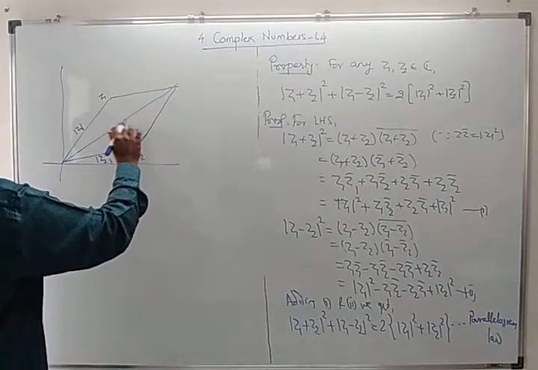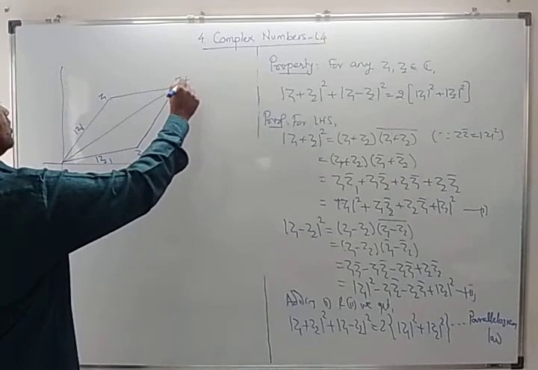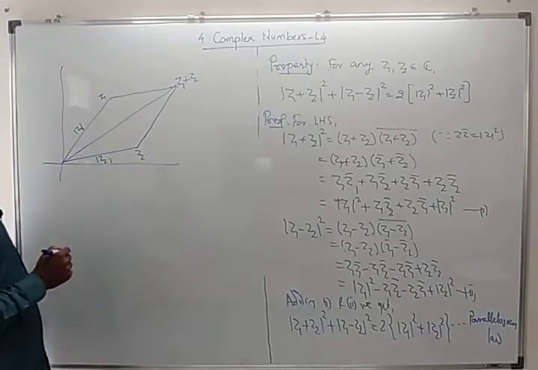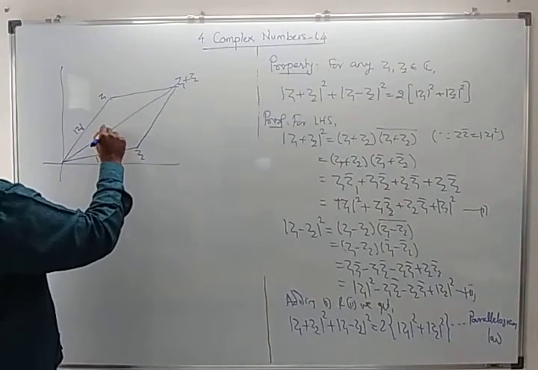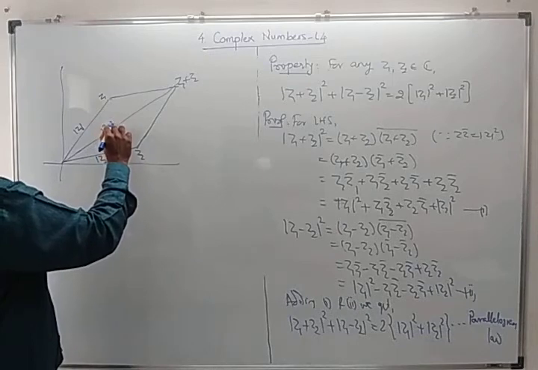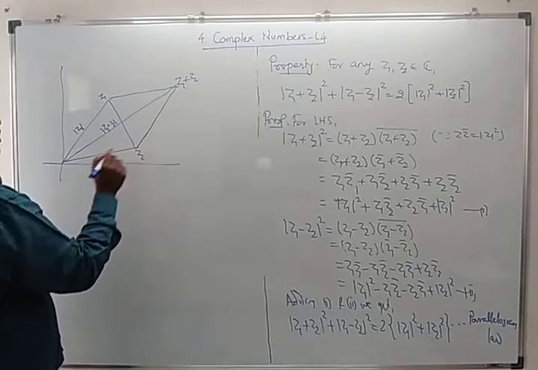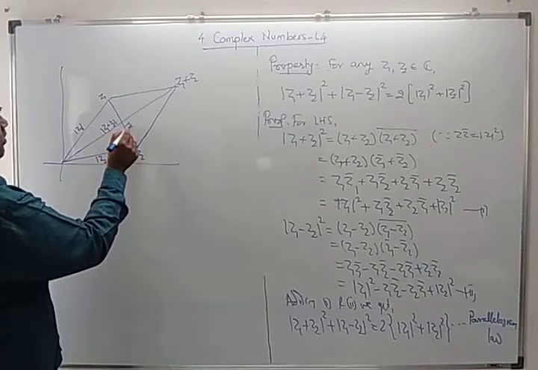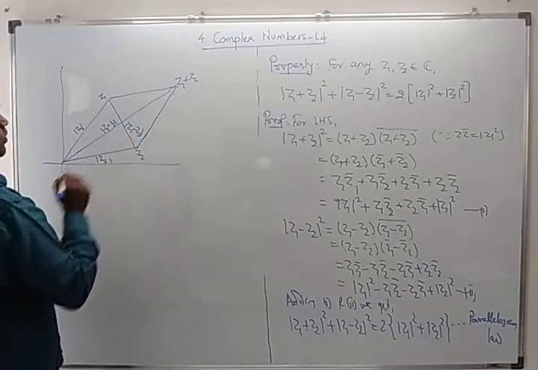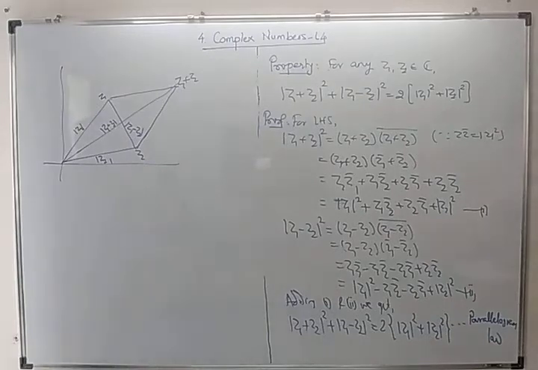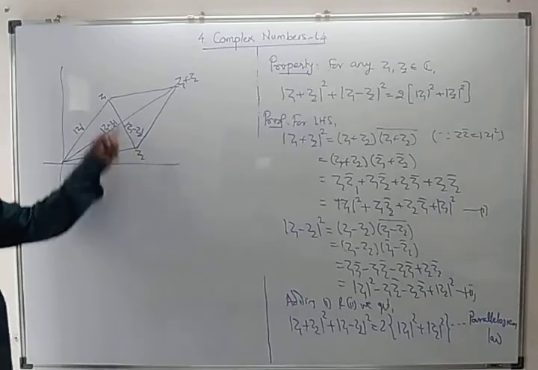This is your z1 plus z2 complex number, and this is your z1 minus z2, with modulus mod of z1 minus z2.